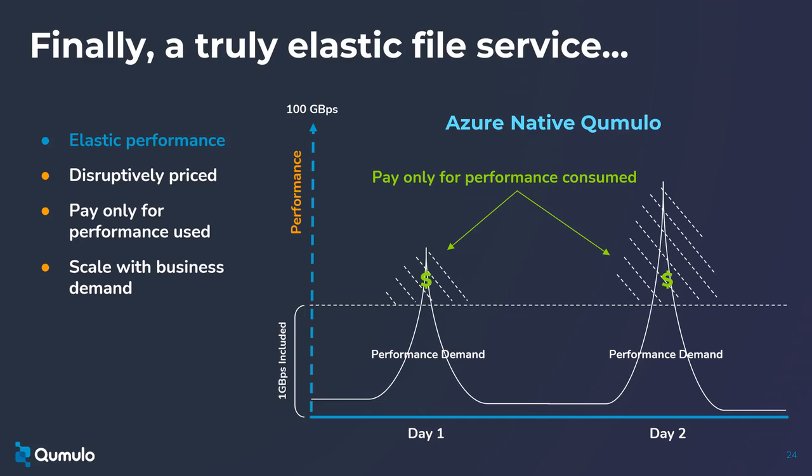We have a hot tier and a cold tier. The cold tier starts at $10 per terabyte per month. The performance tier starts at $37 per terabyte per month and will drop down to $30 once you hit a petabyte. Compared to our other competitors, very big cost savings.